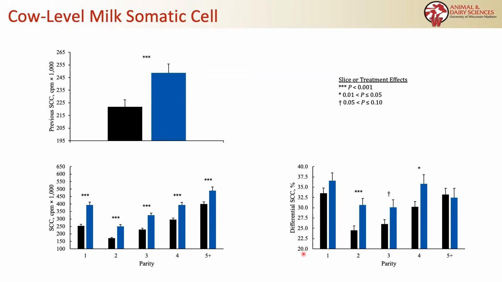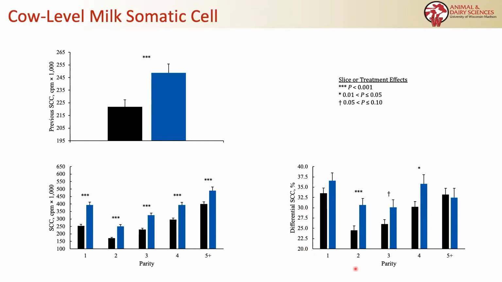Differential cell count is something that's of more and more interest, and this is the proportion of the cell count that's polymorphonuclear leukocytes and lymphocytes. Basically, this is the part of the somatic cell fraction that can give us insight into immune status. So it's really interesting because it's something we can now determine in milk samples and provide back to farms.